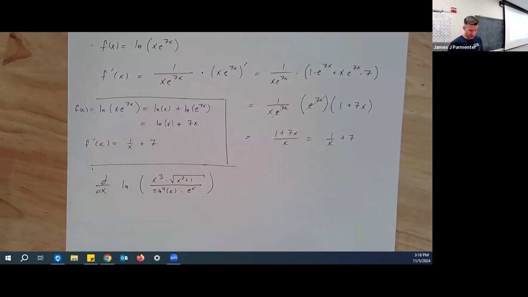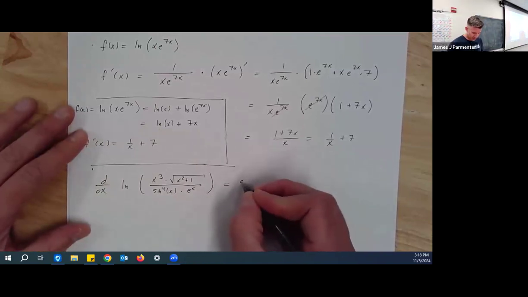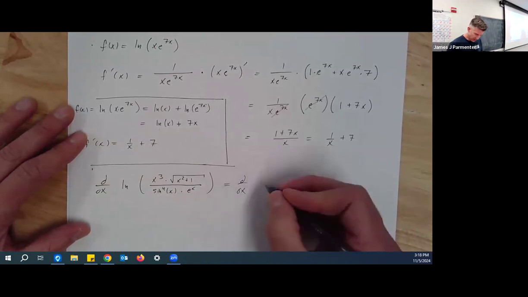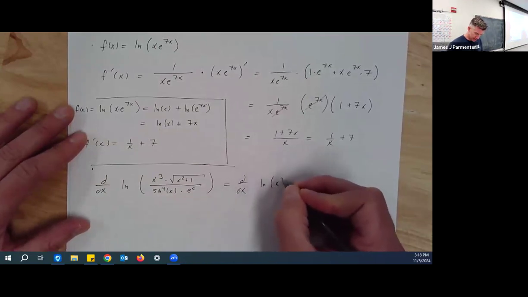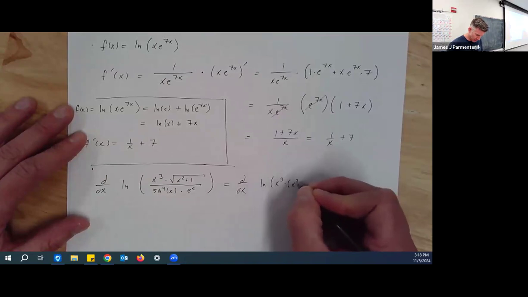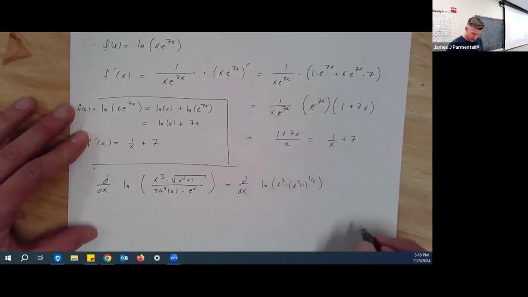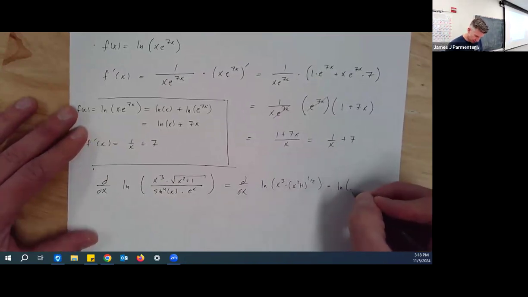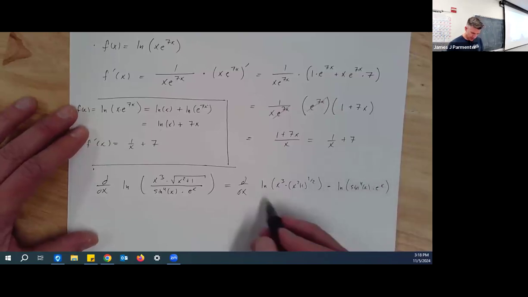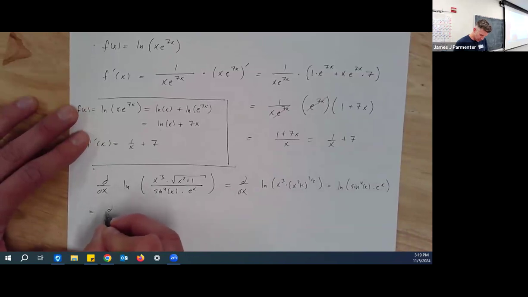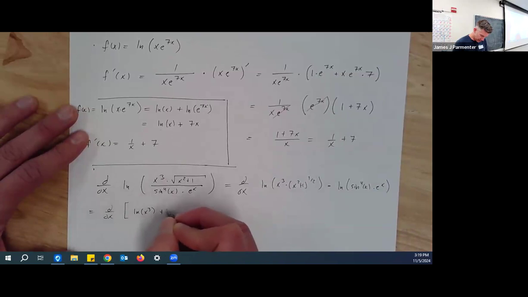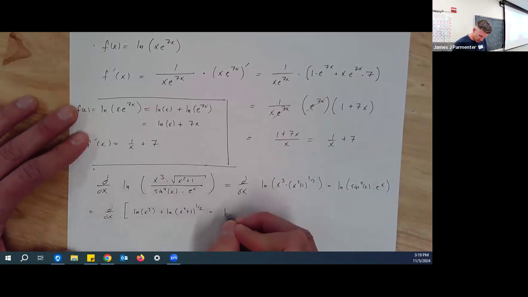The way they mean for you to do it is to first simplify it. To write it as the derivative of the natural log of the top part, x cubed times x squared plus 1 to the 1/2, minus the natural log of the bottom part, sine to the 4th of x times e to the x. And then to break that up further as the derivative of the natural log of x cubed plus the natural log of x squared plus 1 to the 1/2 power minus the natural log of sine to the 4th of x.